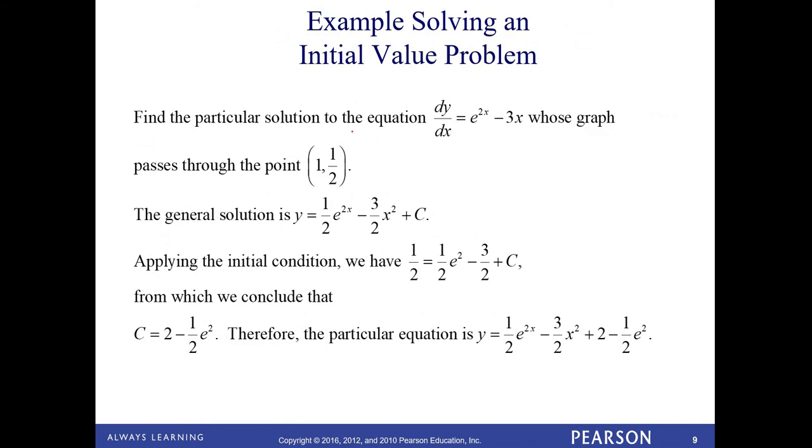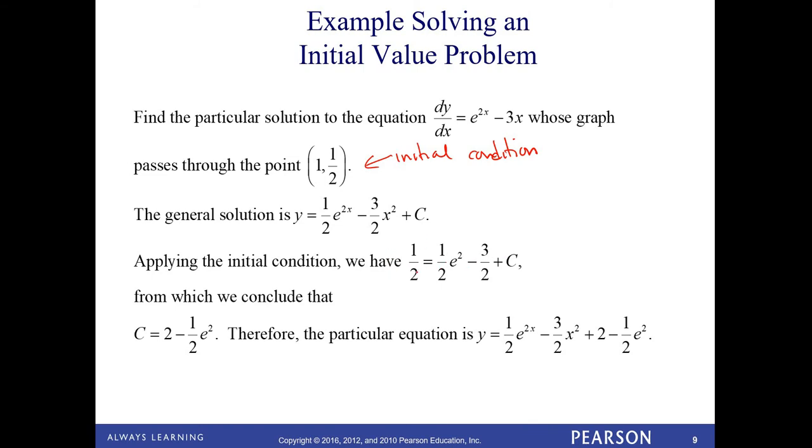All right, so find the particular solution of dy/dx equals e to the 2x minus 3x. This graph passes through the point (1, -2), this being our initial condition. So the general solution, taking the antiderivative of both sides, we get 1/2 e to the 2x minus 3/2 x squared plus c.